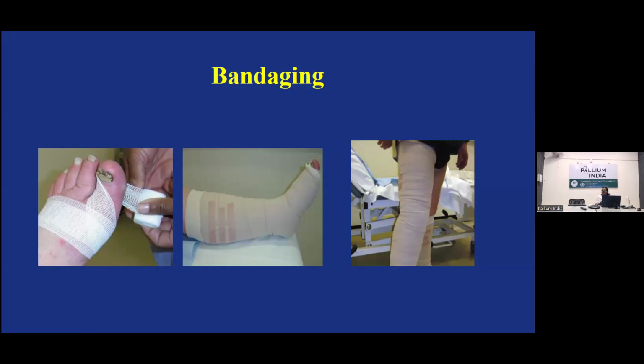Sometimes the crepe bandages will cause allergy to the patient, so we need to protect the skin, as well as give a foam pressure to that area before giving a crepe bandage. For that you have to give a thin cotton layer bandage before applying the crepe bandage. I have a video on that also. I'll show it to you later.